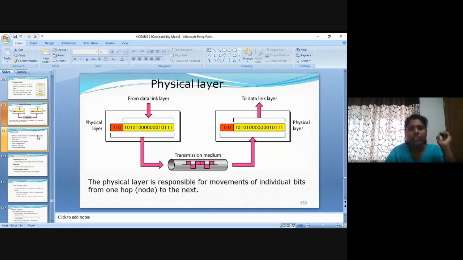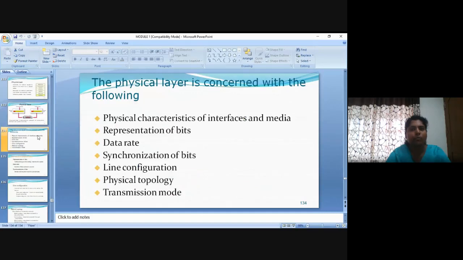To which form I have to convert, what type of signal I have to create so that it can be passed through the transmission medium. It is responsible for the movement of individual bits from one hop or node to the next. If I am making use of optical fiber, or twisted pair cable, to which format I have to convert my bits, that whole function is done by the physical layer.